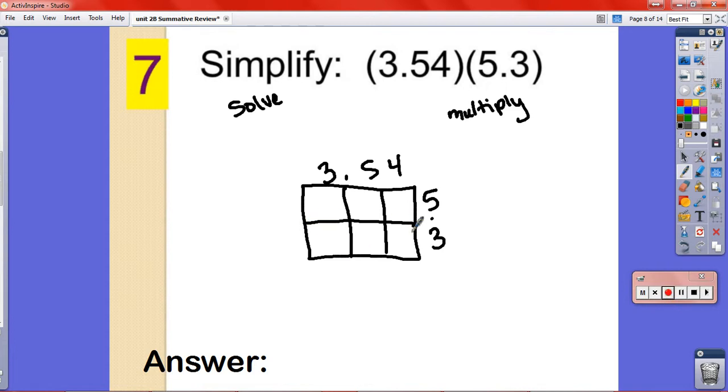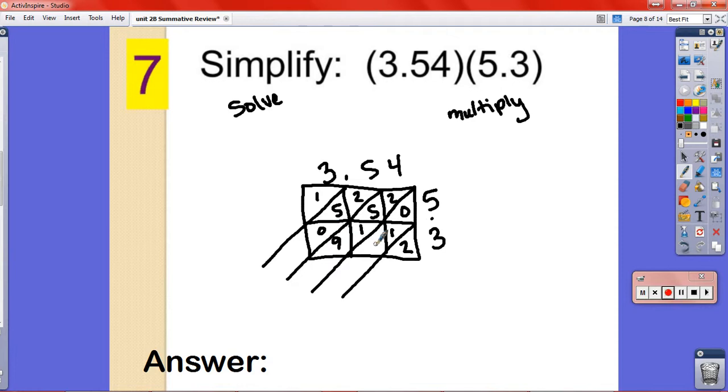So this is what my lattice looks like. Make my diagonal lines through it. It's interesting because they automatically line up the place values. 3 times 4 is 12. 5 times 4 is 20. 5 times 5 is 25. 5 times 3 is 15. 3 times 3 is 9.